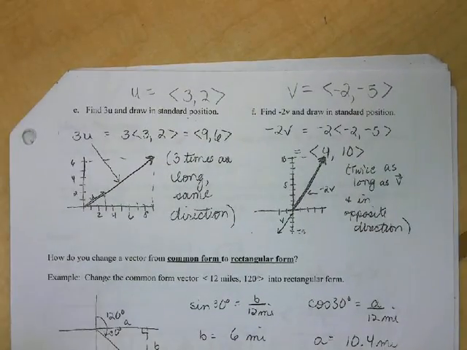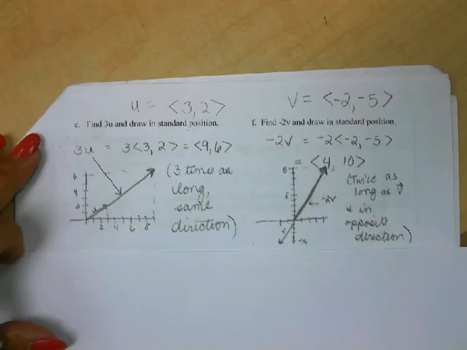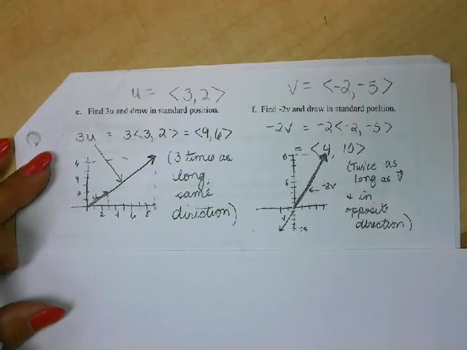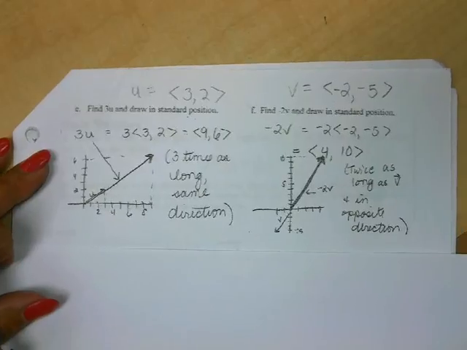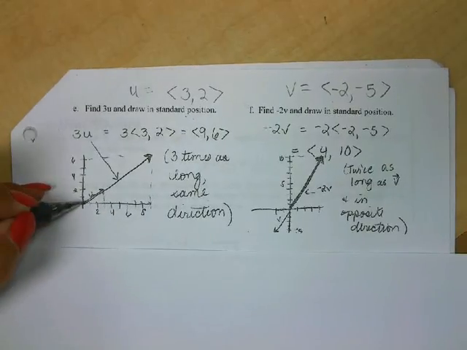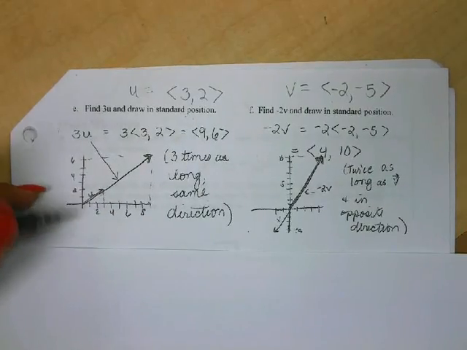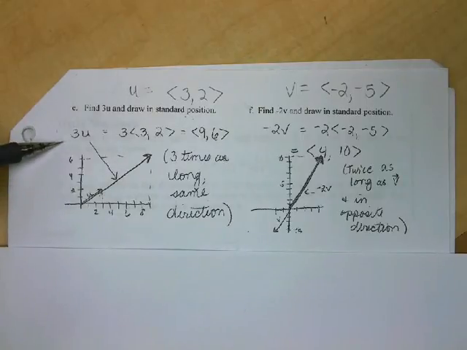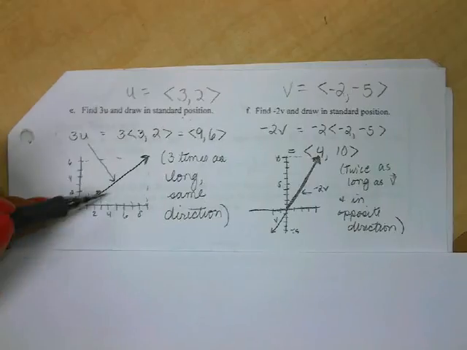So I want to find 3u, which means I want to make the vector 3 times longer, and I want it to go in standard position. So you can see that I graphed vector u right here, and then I graphed vector 3u, that is 3 times longer, traveling in the same direction.